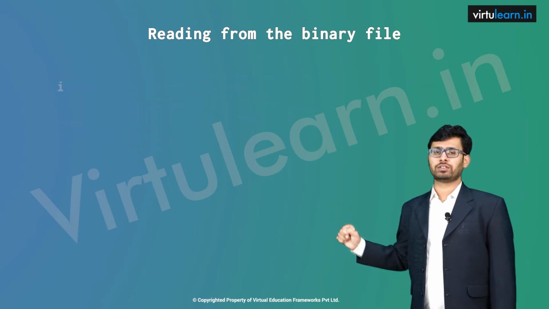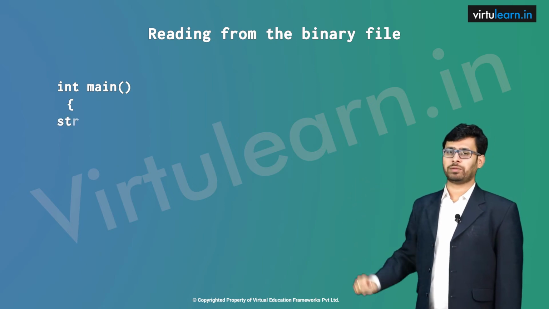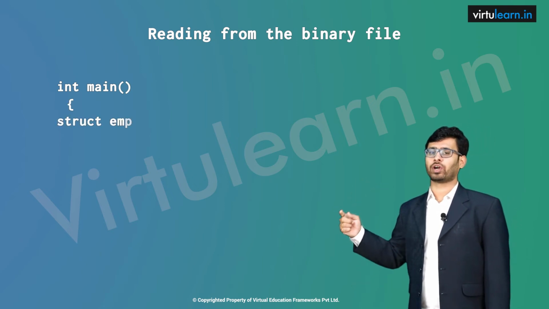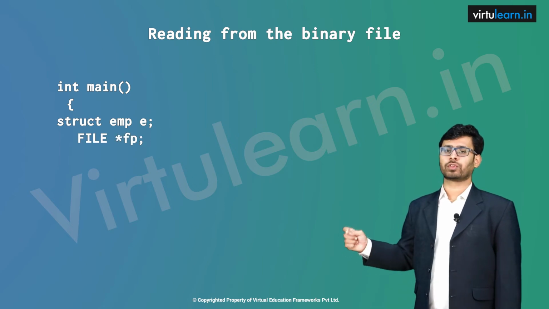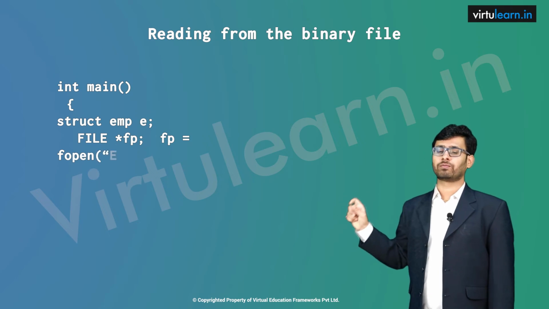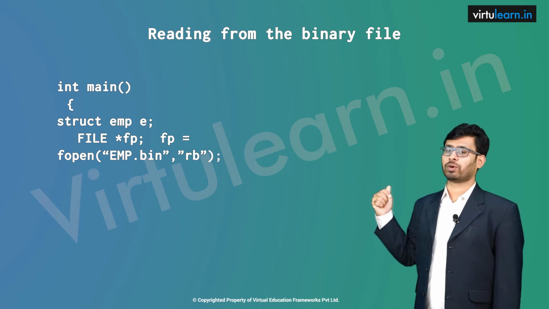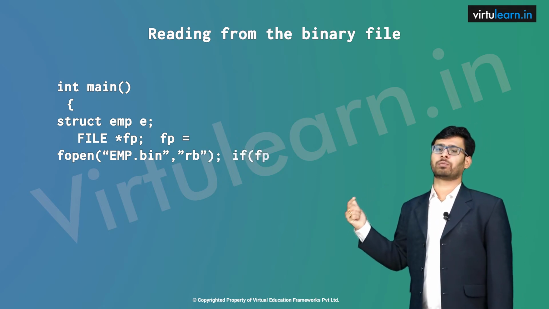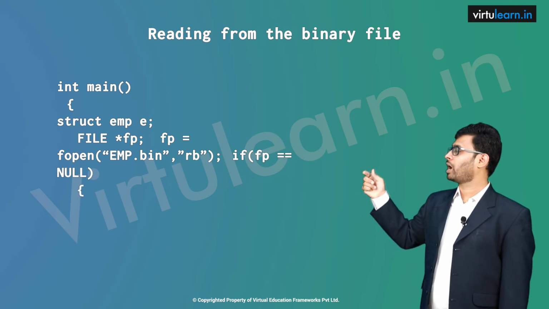Coming to the main, int main, struct emp e is a structure variable name, and I have created one file pointer, FILE *fp, fp equal to fopen of emp.dat file. We need to open this file and perform the read operation. As this is a binary file, we are going to write the mode as br, or we can write it as rb.